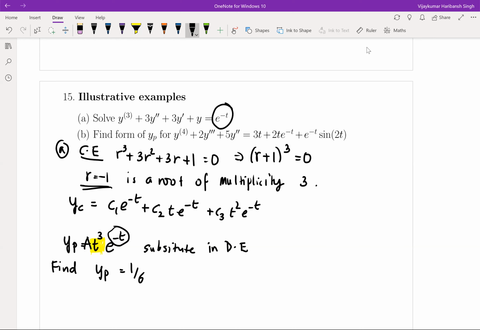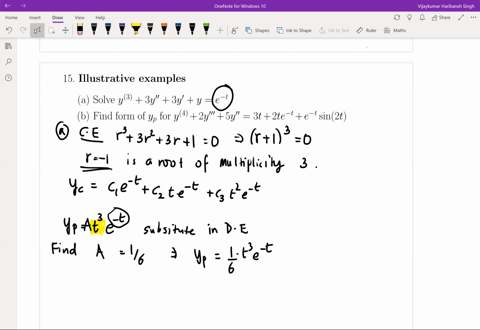You'll get A equals 1 over 6. So this will give you yp to be 1 by 6 t cubed e to the power minus t. So this is your yp.